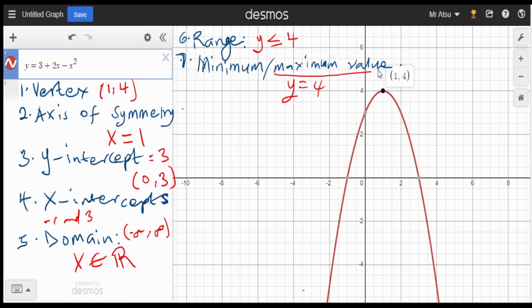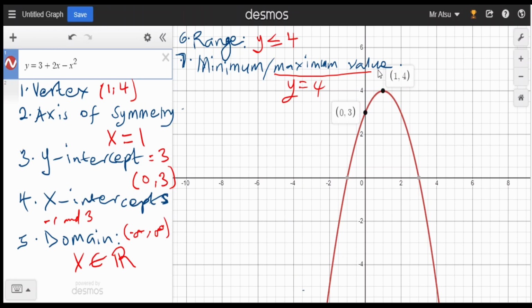Then we went ahead to talk about the y-intercept. We said the y-intercept is where the graph intersects the y-axis, and in this particular case the graph intersects the y-axis at 3. So the y-intercept is 3, or if you want to write it as a point, then we write (0, 3), because the x value along the y-axis is 0.